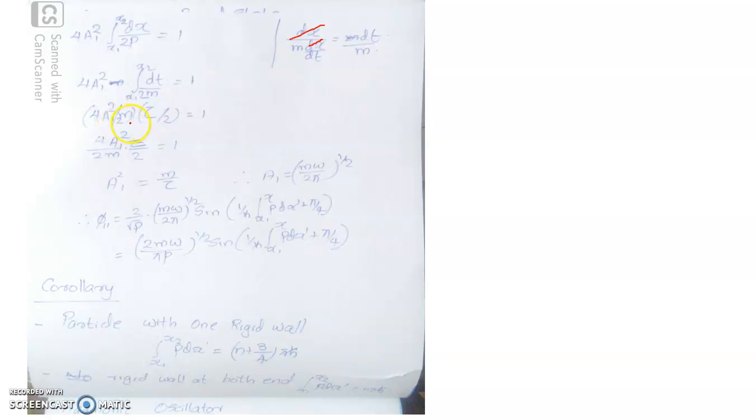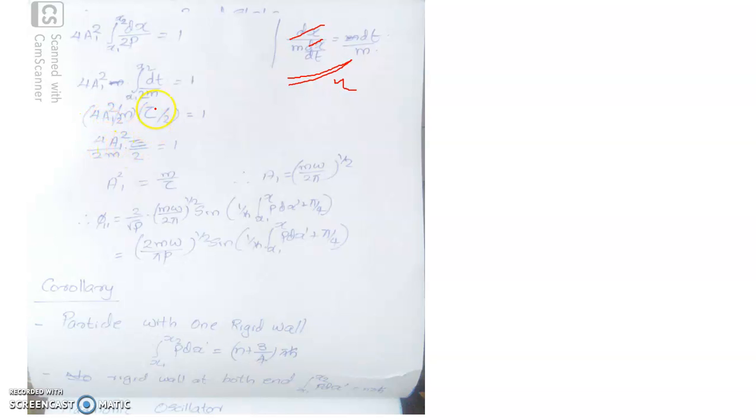For a1 square by 2m, integral dt is t in the limit from x1 to x2. If it is from x1 to x2 and back, that will be completing a period, say tau. If it is from x1 to x2 only, then it is half a period, that is tau divided by 2, that's equal to 1. I have not modified any of these numbers.